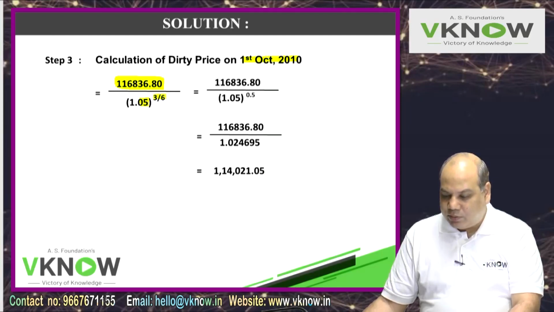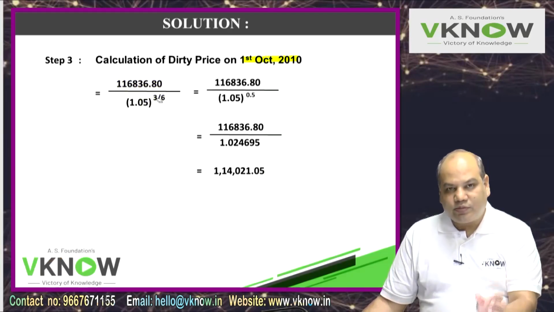And the power will not be 3 by 12. It is 3 by 12 into 2. That is how you get 3 by 6. Is it right? 3 by 12 into 2 will give you 3 by 6.